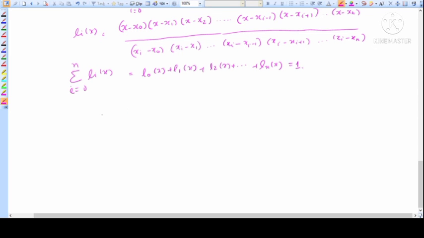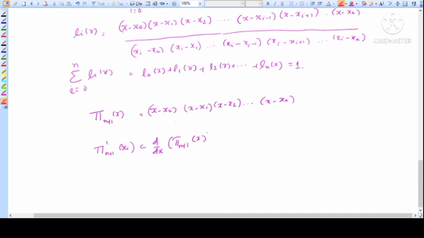We can write this equation in a more compact form by setting pi n plus 1 of x equal to x minus x0 into x minus x1 into x minus x2 up to x minus xn. And when we take the first derivative of this term, pi n plus 1 prime of xi is d by dx of pi n plus 1 of x at x equal to xi.